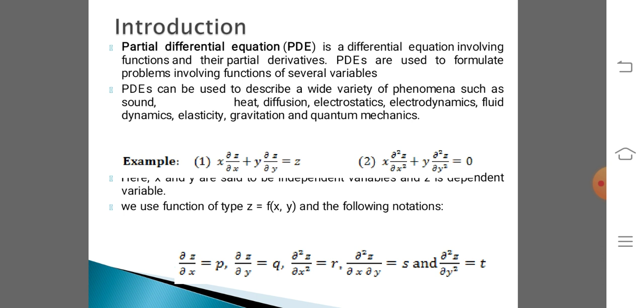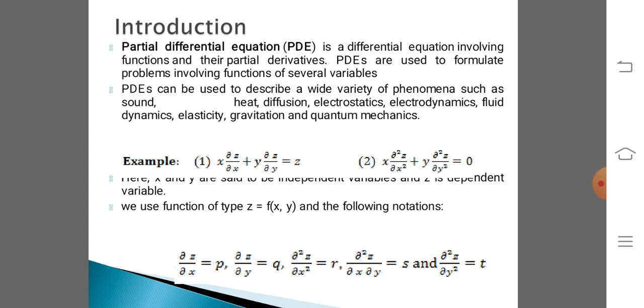So throughout this unit we will use function of type z equal to f of x comma y, and we will use the following standard notations. The first one is dou z by dou x equal to p.